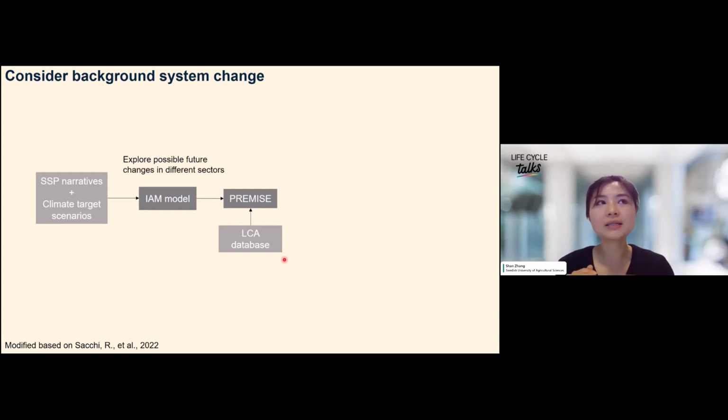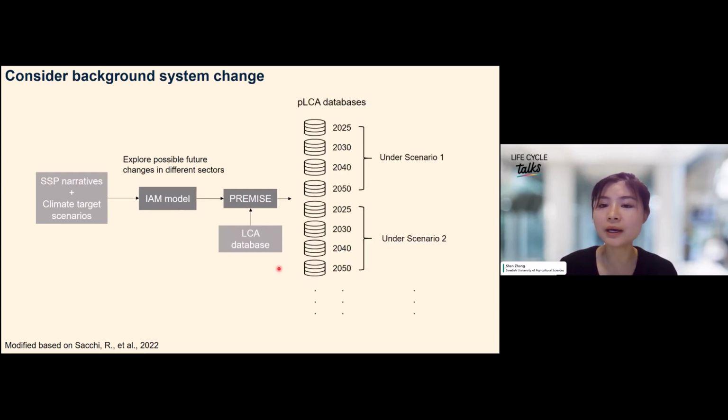It does this by using the outcome to modify the corresponding production processes and emissions in the current LCA database. And the outcome will be a set of prospective LCA databases under different selected years and different scenarios. Then we can just use these prospective LCA databases for our LCA calculation.